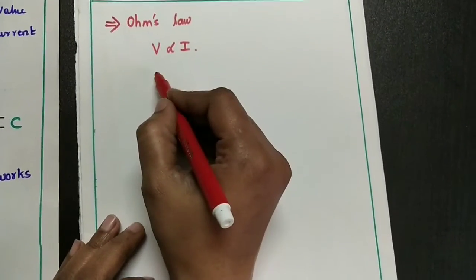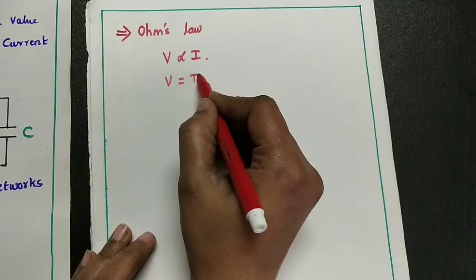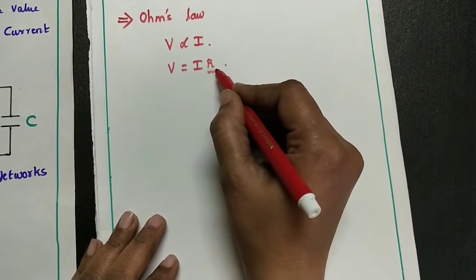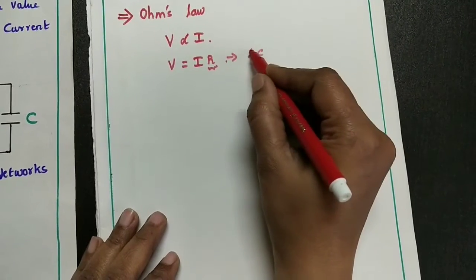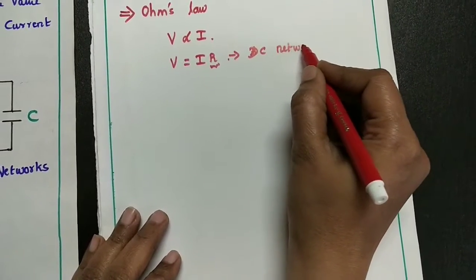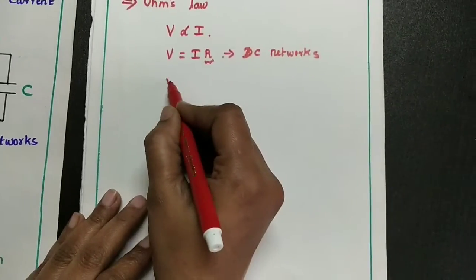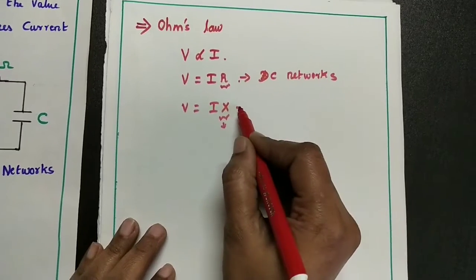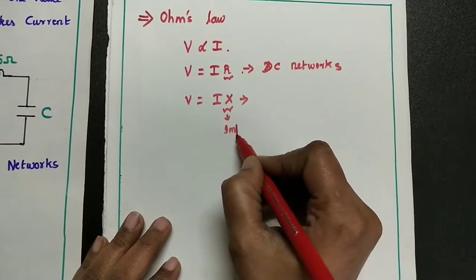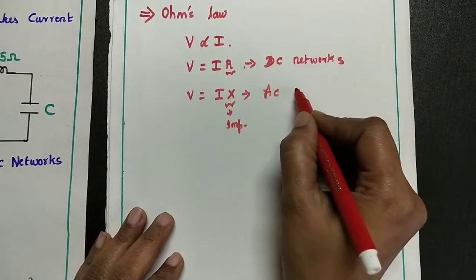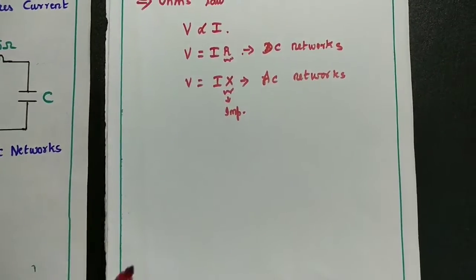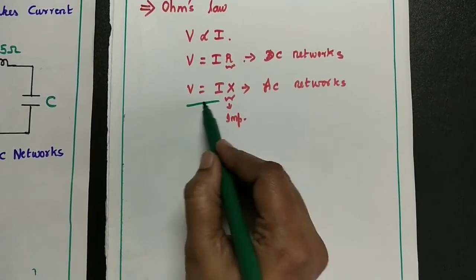Now eliminating the proportionality, V equals IR, voltage equals current times resistance, that is resistance in the case of DC networks, and V equals IX, where X is the constant, which is called impedance in the case of AC networks. We know this. Now we take this equation into consideration to solve this problem.